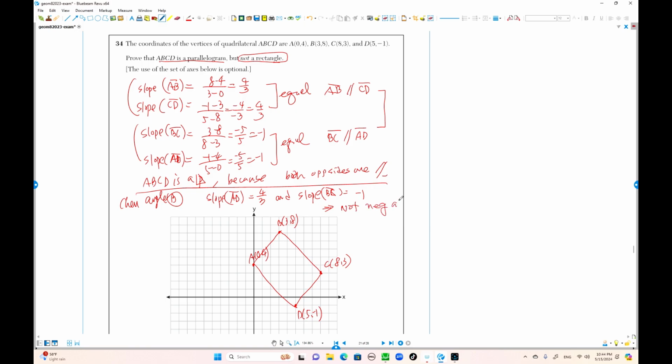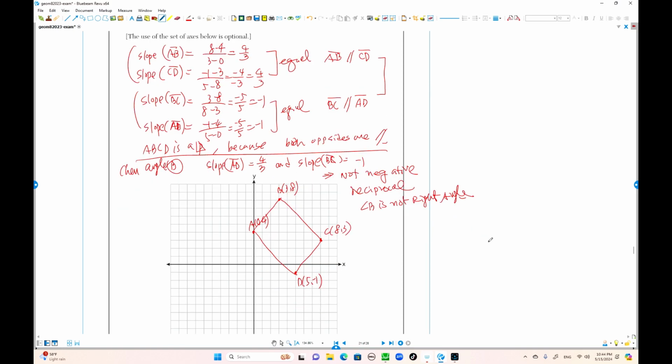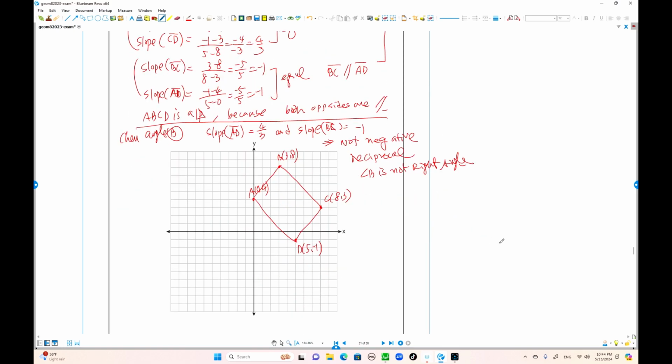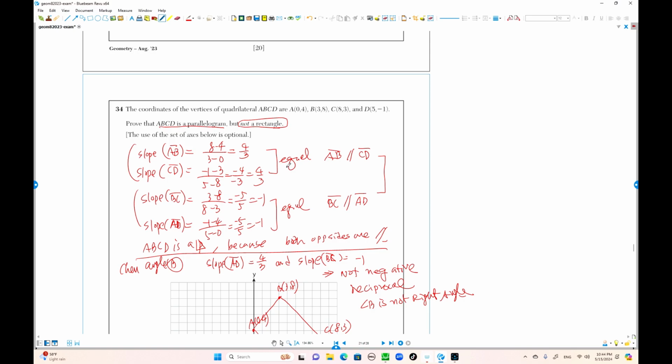You can explain this way: not negative reciprocal. So angle B is not a right angle. So altogether, a parallelogram with one angle not a right angle, that is what? Just a parallelogram, okay? You have to show this one, okay? Right.